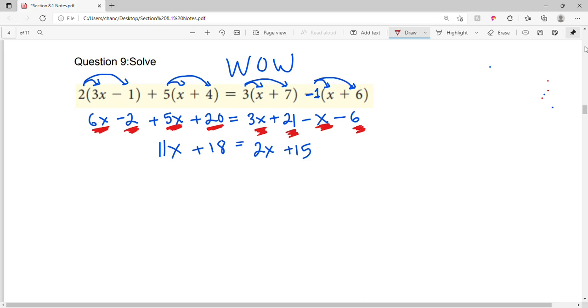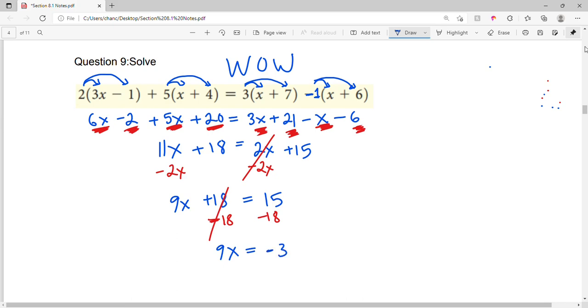Now I can start adding or subtracting on both sides. Let's choose to subtract 2x from both sides. 11x minus 2x gives us 9x, and the 2x and negative 2x cancel out, leaving me with 15. Let's subtract 18 from both sides now. The left simplifies to 9x, and that's equal to 15 minus 18, which is negative 3.